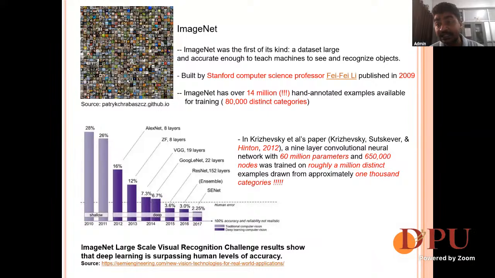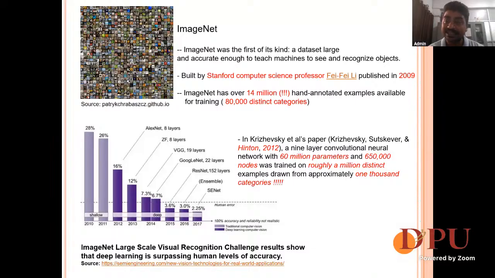The sudden decrease of error rate was 10%, from 26 to 16%. Now you can imagine how efficient those deep learning frameworks are. Gradually, in 2015, once ResNet was introduced, the error rate was lower than the human error rate, at 3.6%.